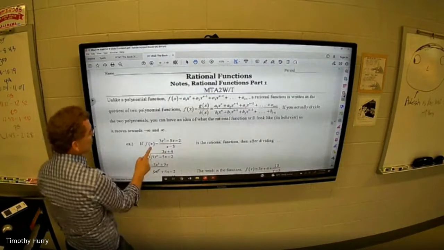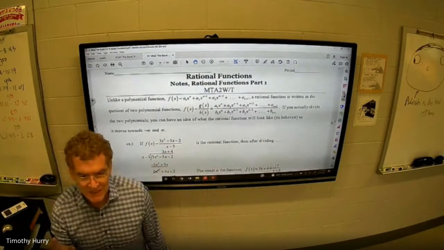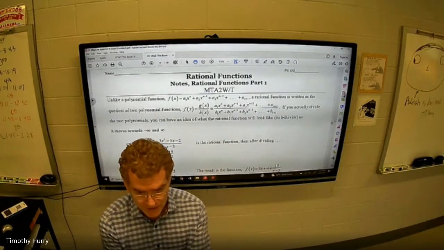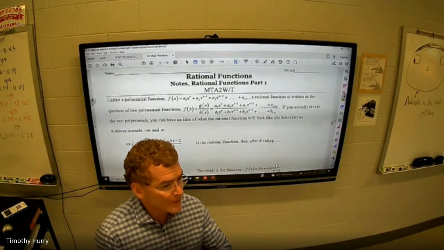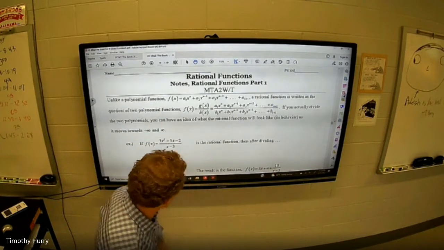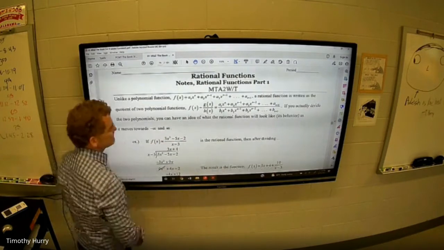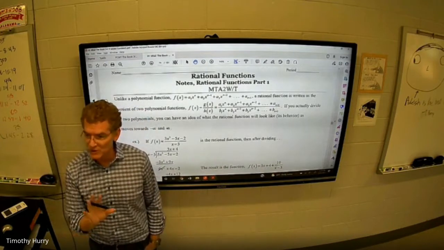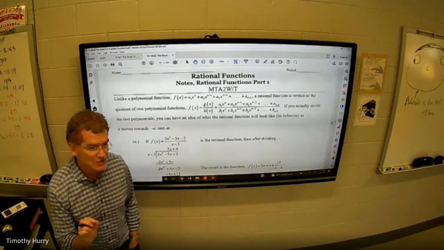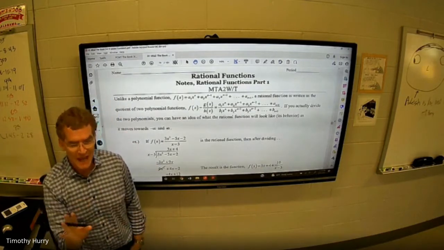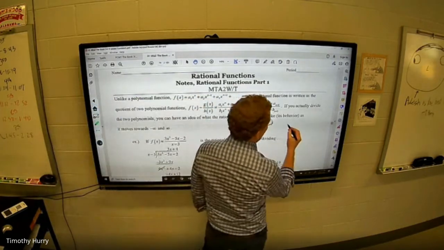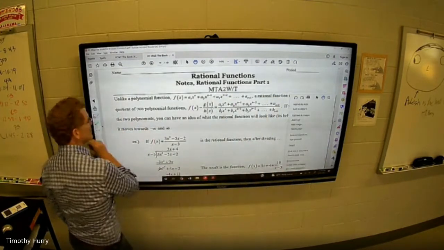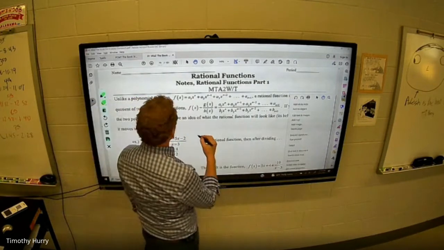Okay, so what I want you to understand is that rational functions are essentially fractional equations. Fractions represent things. So I want you to think with me for a second. What if I told you, and this is going to help you think about what a rational function would look like, doesn't mean it's exactly this, but it's kind of this. What if I told you that I had in my pocket 21/5 dollars.